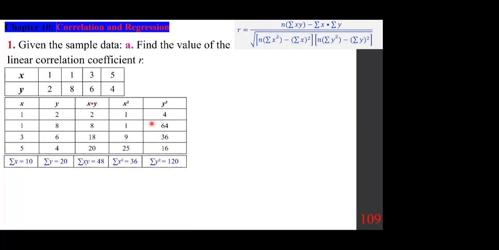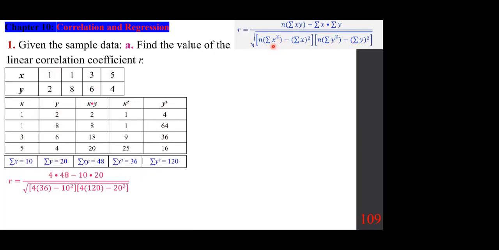Now that this table is complete, we plug in. So how do we plug in? We want n, 1, 2, 3, 4 pieces of data, times summation of x times y, we have it here, minus summation of x, which is 10, times summation of y, which is 20. So that takes care of the numerator.